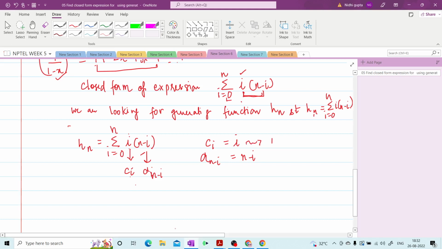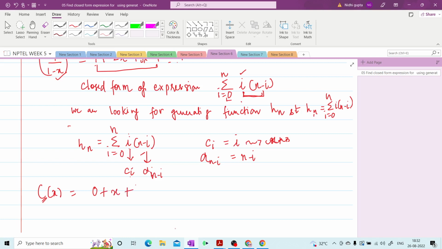If Ci is equal to i, then Ci is the coefficient of x to the i. So your big power series Cx is just: the scalar term is 0, then you have x, then the coefficient of x square is 2, so 2x square, then the coefficient of x cube is 3, so 3x cube.